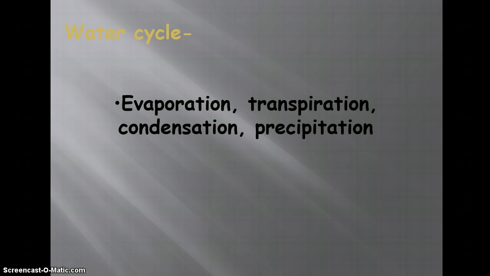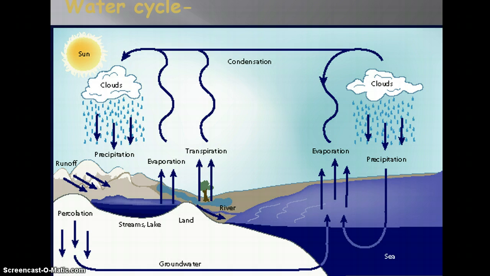The water cycle. The water cycle contains evaporation, transpiration, condensation, and precipitation. As you know, evaporation is water evaporating from lakes, ponds, oceans, rivers. It evaporates into the air. Also at the same time is transpiration.